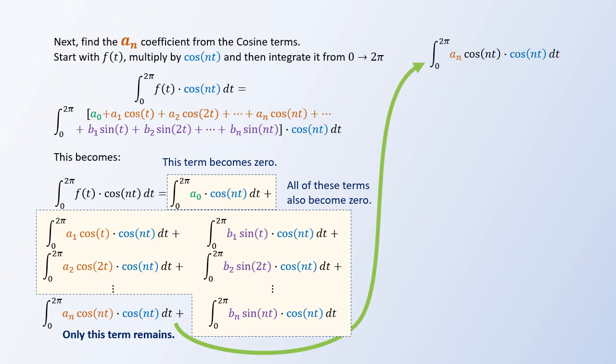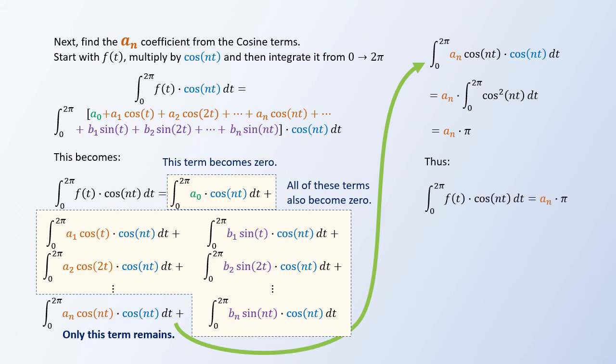So the integral from 0 to 2 pi of an cosine nt times cosine nt is simply an cosine squared of nt. And so this is an times pi, if you remember that earlier derivation.